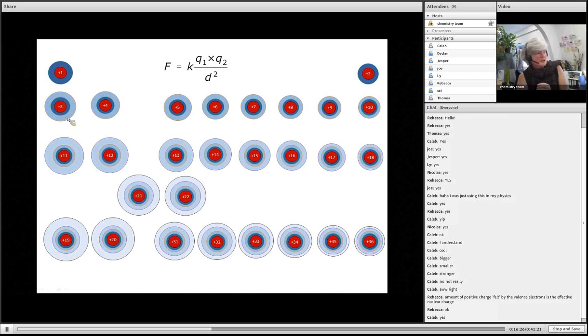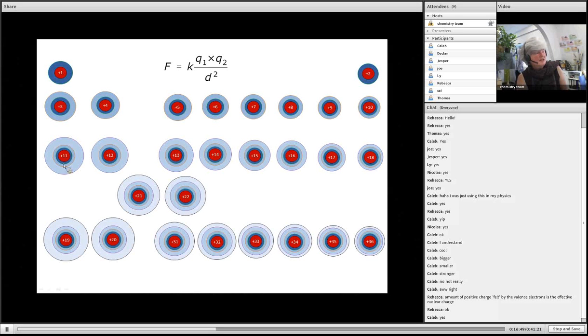It increases down the group because you've got more shells, more energy levels. So the distance is further away, and you've got more shielding because you've got more inner electrons. So here the shielding was 2 in each case.